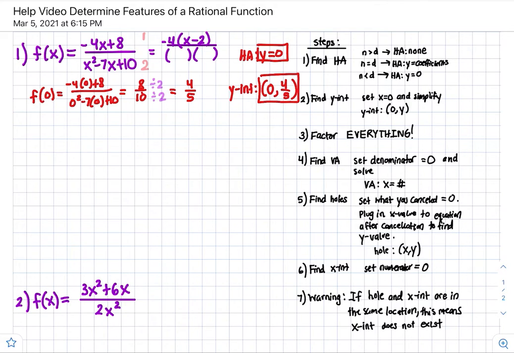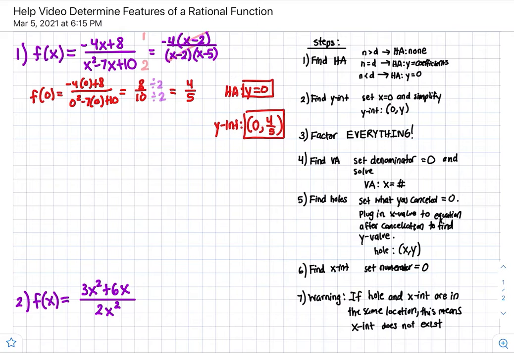So 2 things that multiply to 10, but when you add them, give you -7. That is -2 and -5. Now, if you notice, these cancel, and I need to make myself some more room. As you can see, these cancel, so we're going to get -4 over x minus 5.